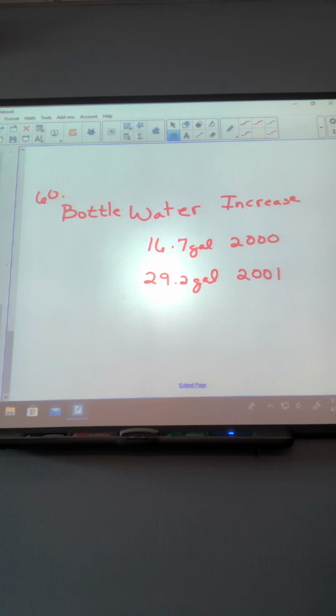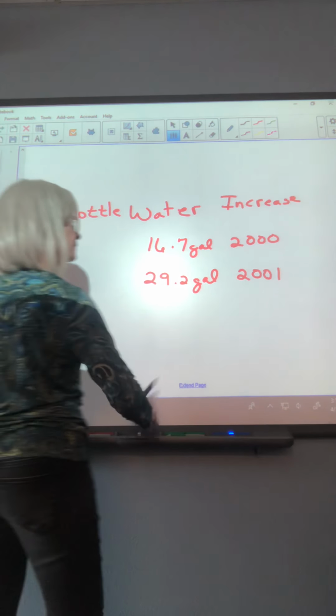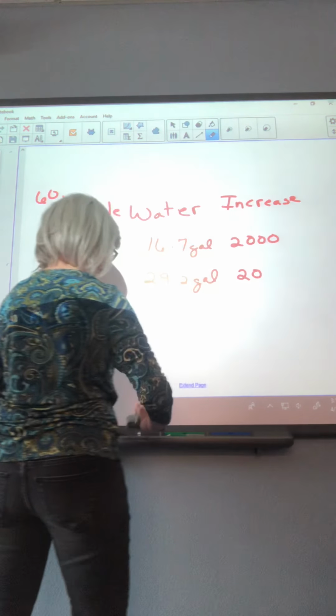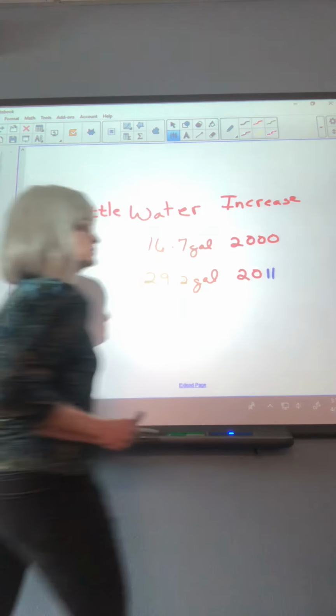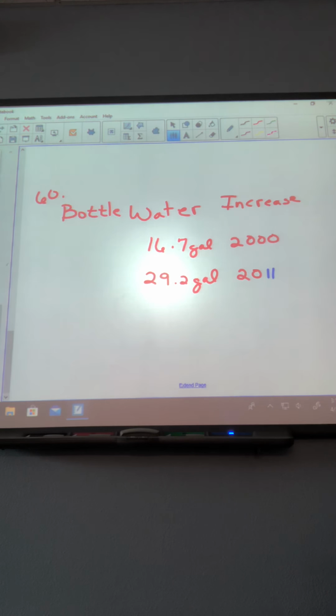And so it's probably been increasing since even before that time. Bottled water consumption per person per year in the United States has increased from 16.7 gallons in 2000 to 29.2 gallons in 2011. Oh, this is 2011. I'm sure some of you were born by 2011.